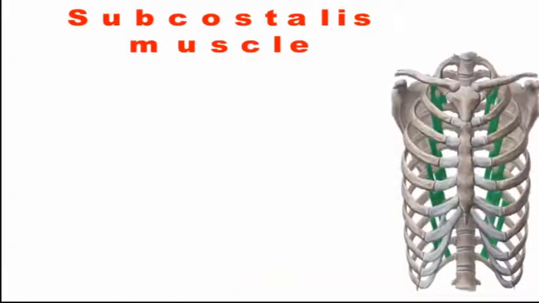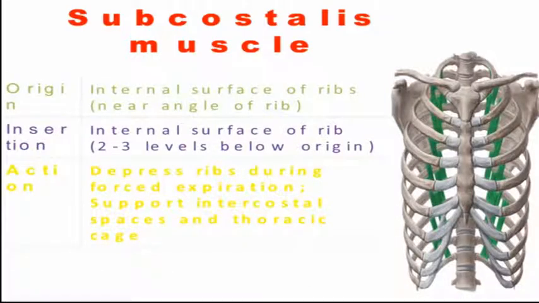Subcostalis is a muscle found inside the thoracic cage, and it originates from the internal surface of the ribs near the angle of the ribs, and it inserts on the rib 2 to 3 levels below the origin.